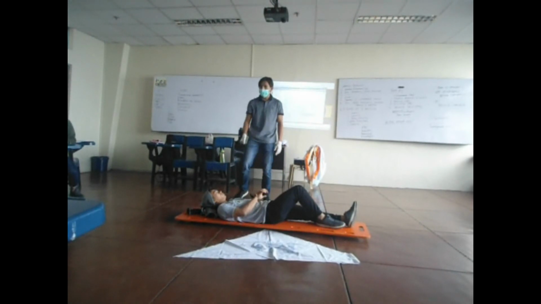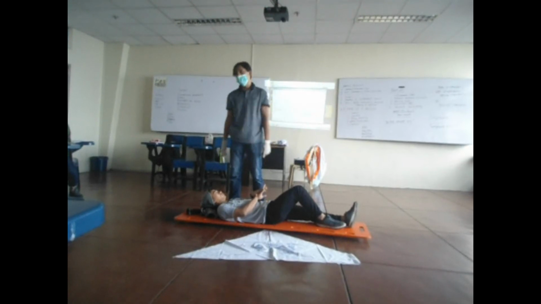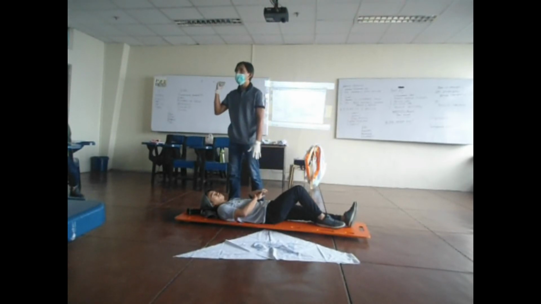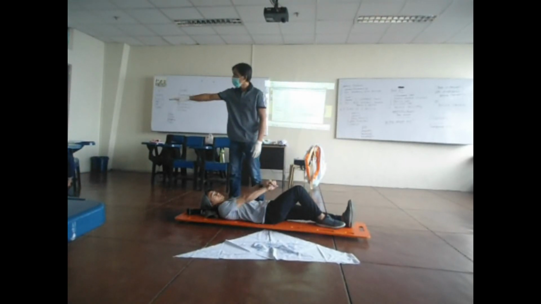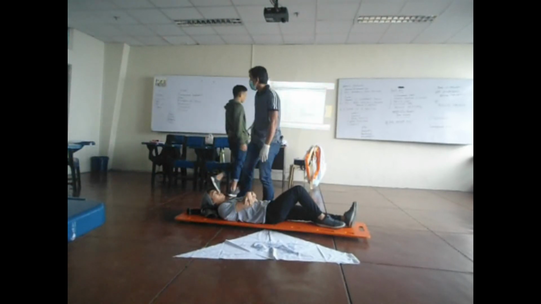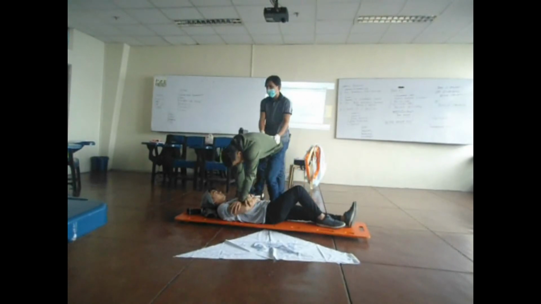Sir, why can't we approach the victim right away like this? Why are we not too close to the victim during our scene survey in our emergency action principles? Can you please move to my back? Let's say, he's the rescuer. He's the rescuer.